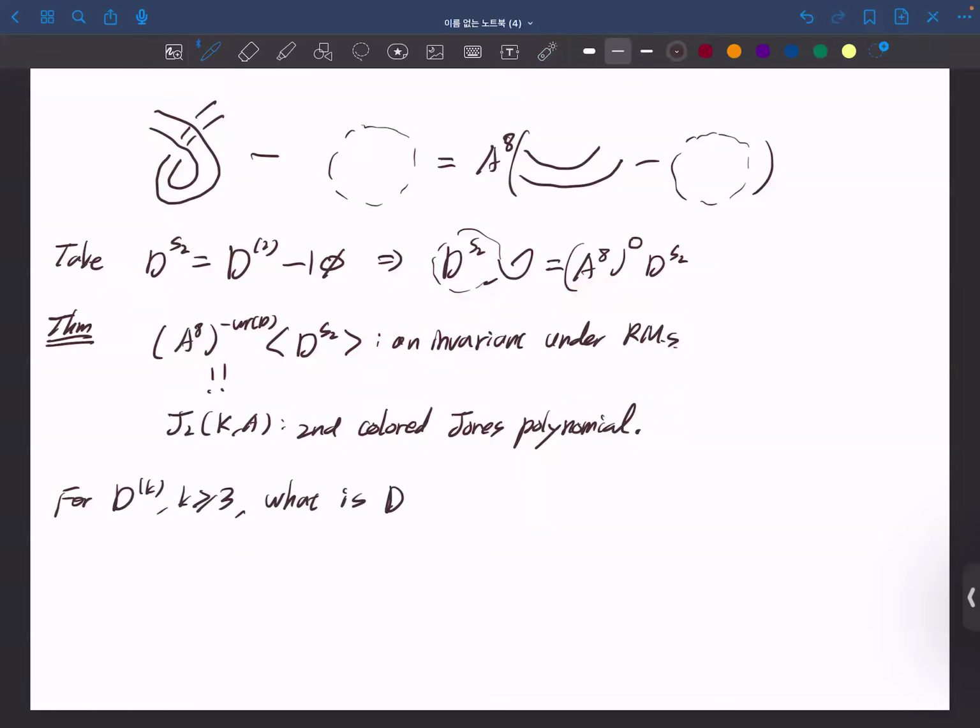So let me state the question. For Dk, for k bigger than or equal to 3, what is DSk to obtain? When we generalize our idea, we need to understand what we did for D2 and DS2.